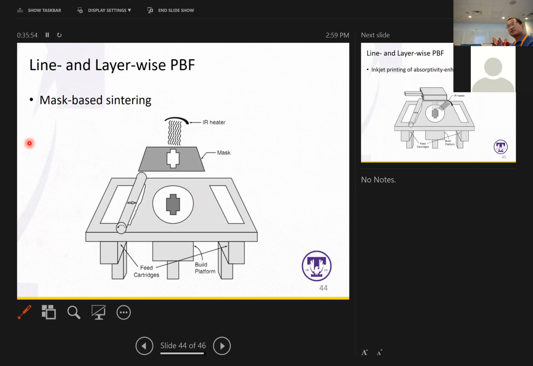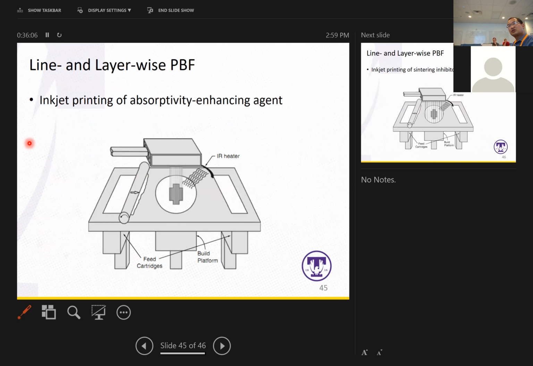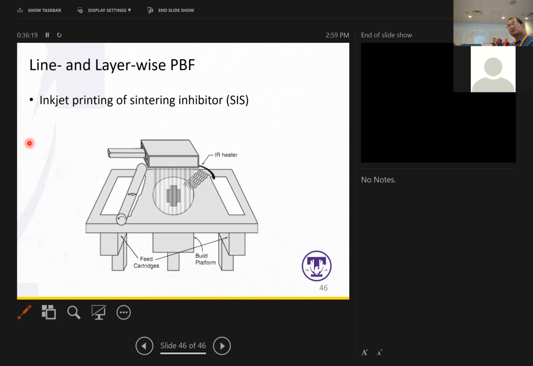There could be some mask-based sintering, utilizing a mask to preheat and sinter the powder before you use it, or you could use some inkjet printing-based method to sinter it line-wise in the layer, or you could use some other layer-based way to do the sintering for the powder.